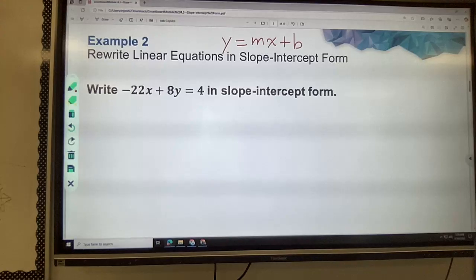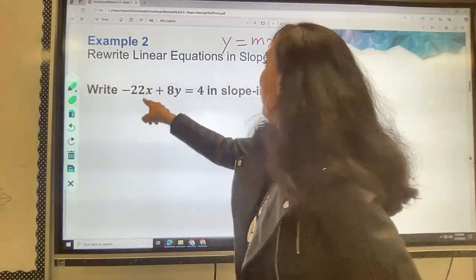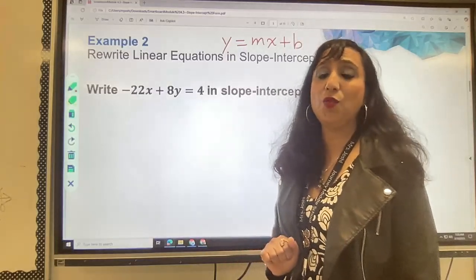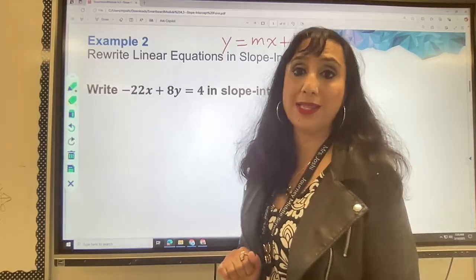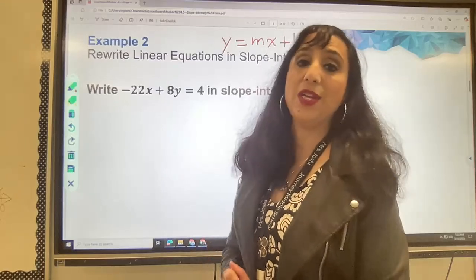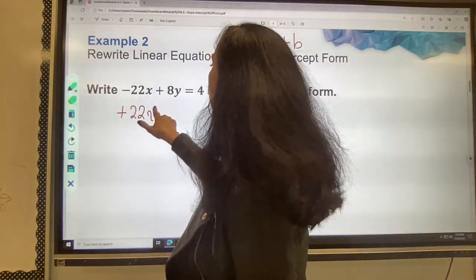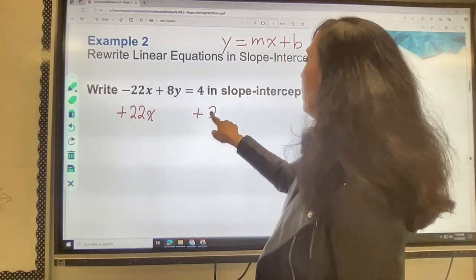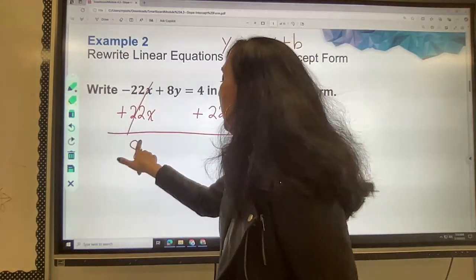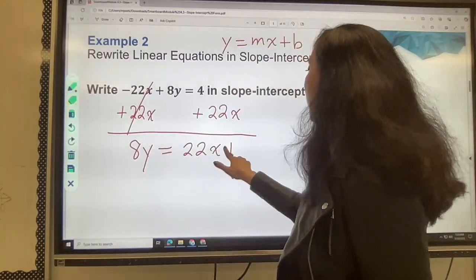And obviously, if I'm trying to put it in the mx plus b format, I've got to move the x to this side. So let's use our properties. And what is the opposite of negative 22x? It is going to be positive, right? So inverse operation. So I'm going to add 22x to both sides of the equation. So plus 22x, whatever I do on one side, same thing here, plus 22x. And so I'm left with 8y is equal to 22x plus 4.